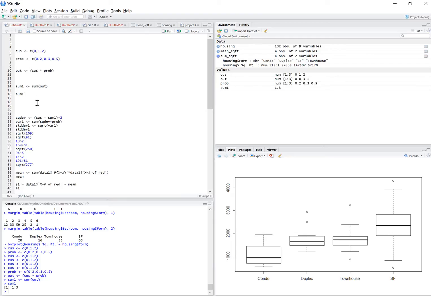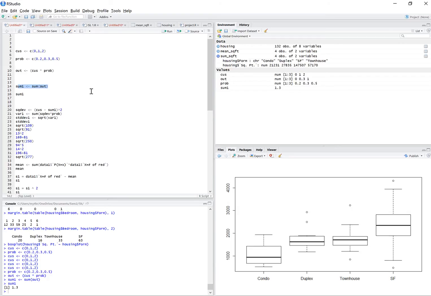Now if you want to find the standard deviation, first find the expected value, which this sum gives us. Subtract this value from our customer values, the 0, 1 or 2 books, then square it and store it in a variable.